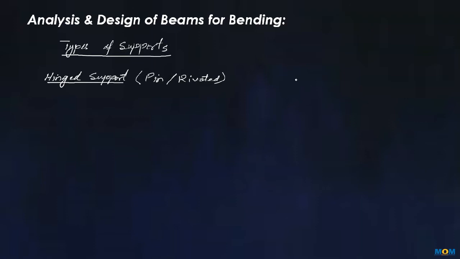Let's say we have a beam and this is supported by a pin. This is a sign to show that this is a pin support.